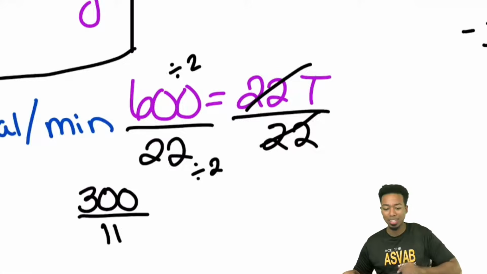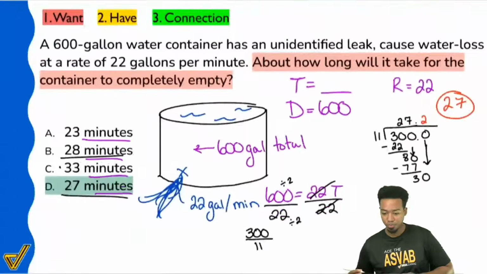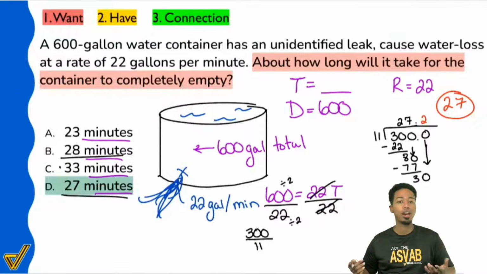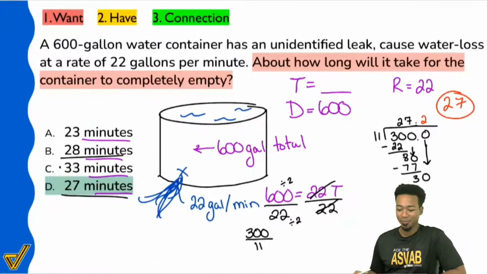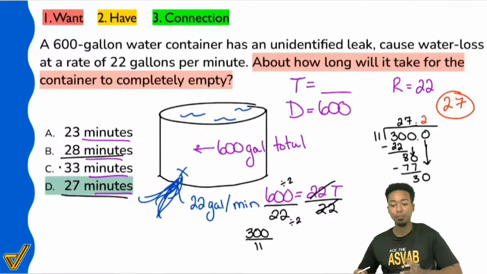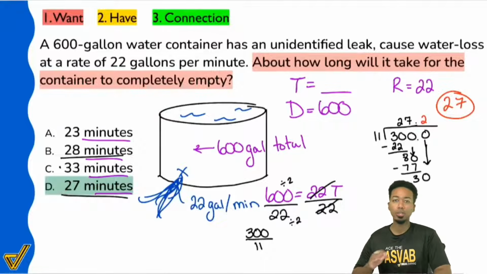So let me know if that makes sense there for you. Oh, for sure, Diego. Yeah, because the math will still check out. You can go ahead and do the 600 divided by 22. More than welcome to do that. Perfectly fine. You can divide with the 600 over 22. No problem.